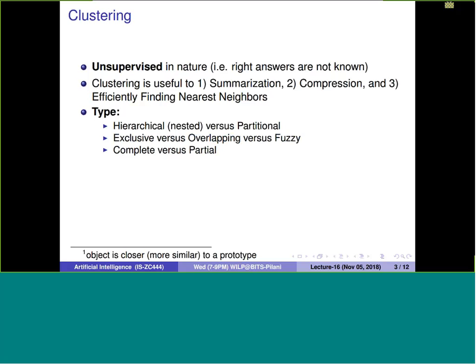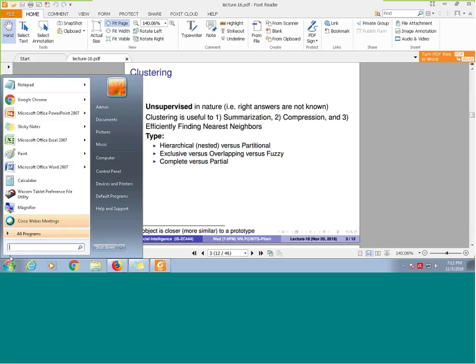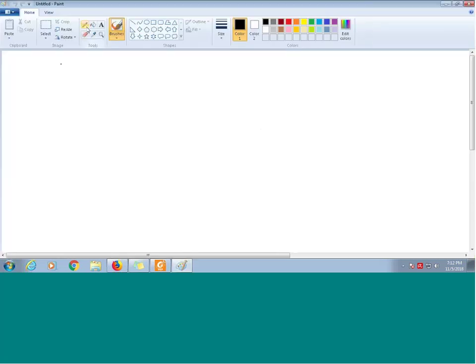because sometimes giving the complete clustering may not be useful. Let me give you an example. Let's assume some data items are here, and some other data items are here, and some other data items are here, and one data item is here and one data item is here, one data item is here.